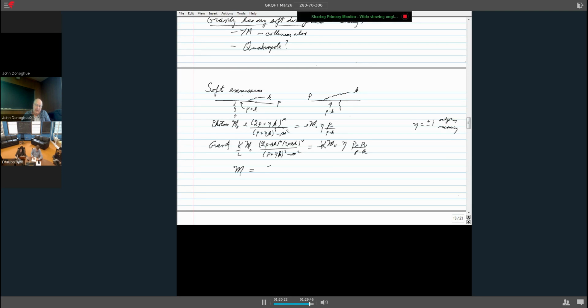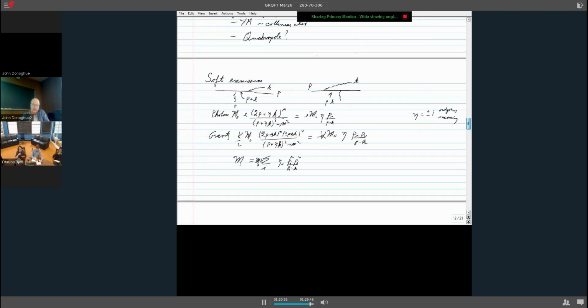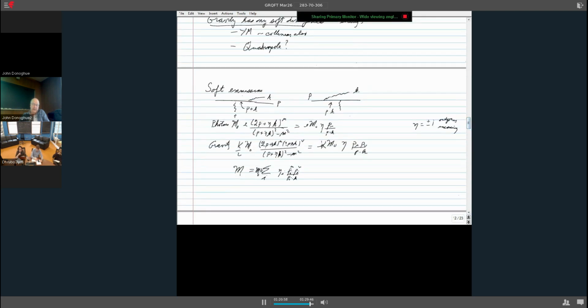Okay. When you square this, P squared cancels M squared. We're going to drop K squared because it's very small, and get then M0 times P mu over P dot K and eta. So there's the vertex. We do the same thing for gravity.